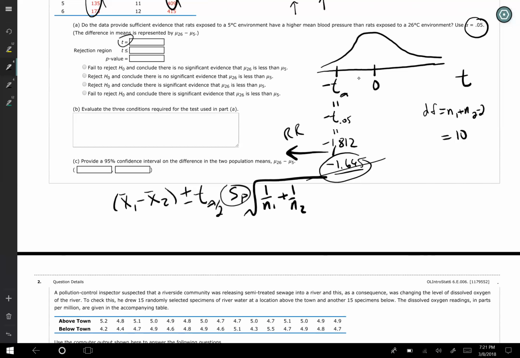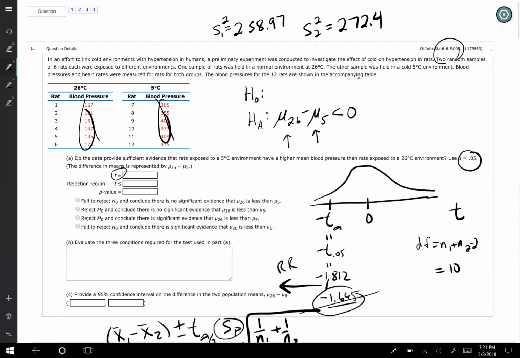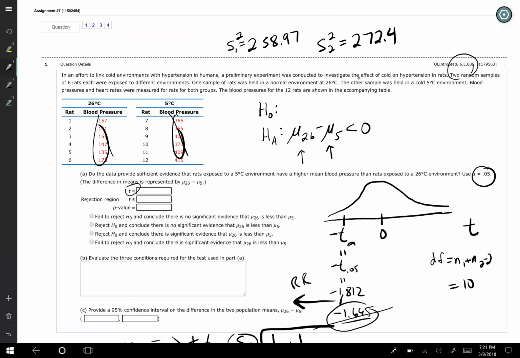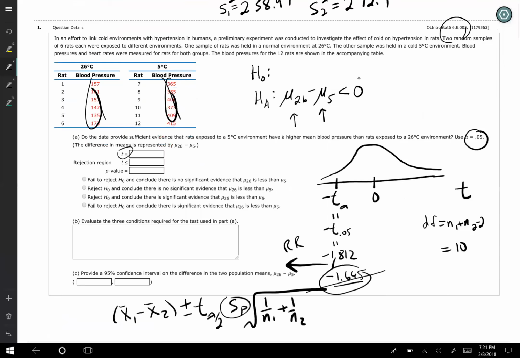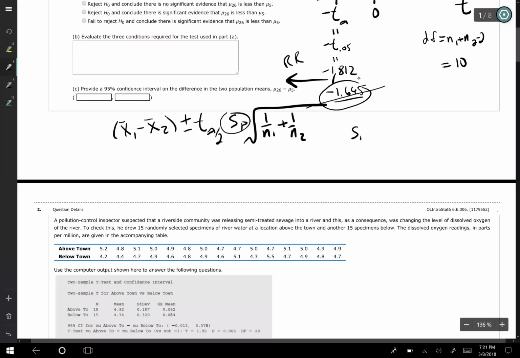We got 16.3 for SP, and that's pretty close to the standard deviations of those. Is that a way to check that kind of thing? That's a good question.